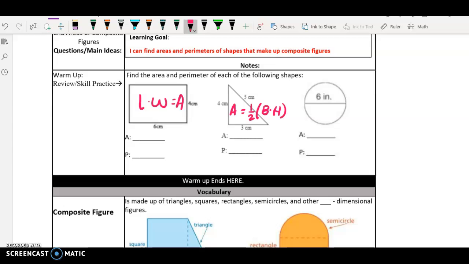And then the perimeter for a circle we call circumference, and that is diameter times pi, and then area equals radius squared times pi. And so hopefully that helps you on your warm-up. I want you to pause the video, complete the warm-up, and then check your answers with mine.